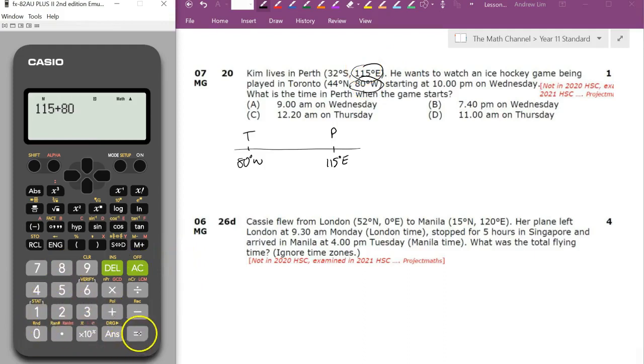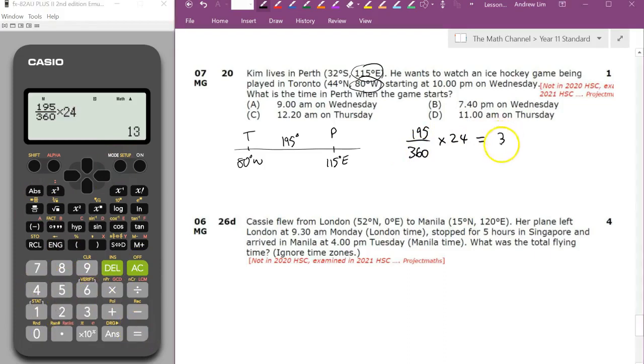We're not going to minus because actually it's 115 to 0 and then another 80 to 80 degrees west. So that's 195 degrees difference. 195 out of 360 times 24 is how many hours difference? 13 hours difference. Okay, 13 hours.